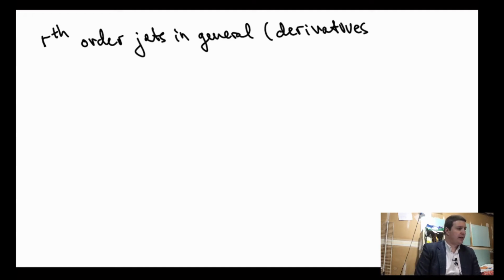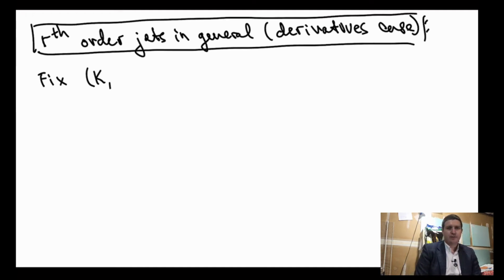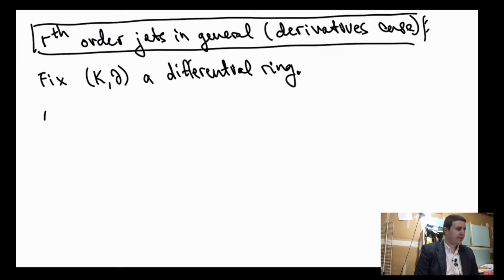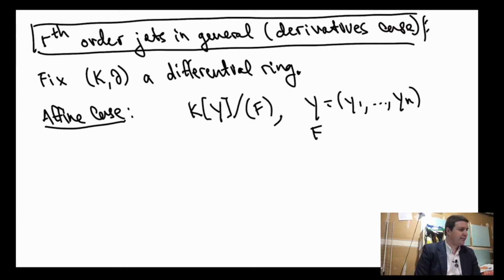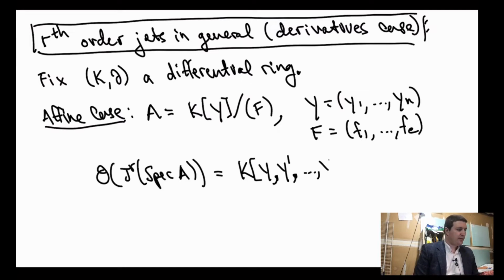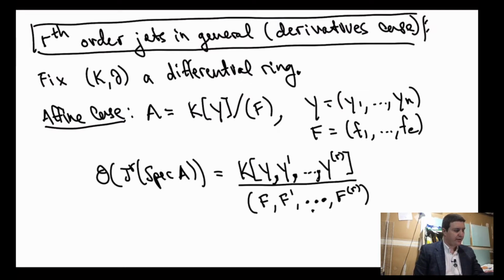Okay, so I just wanted to hammer down what the Rth order jet space is for a single differential ring, just so you guys know what I'm talking about. So in the affine case, if we write this in the tuple notation, where we have a tuple of variables, and this ideal is given by tuple polynomials, the coordinate ring of the Rth jet space is given by taking derivatives of the coordinates and then taking derivatives of those equations.